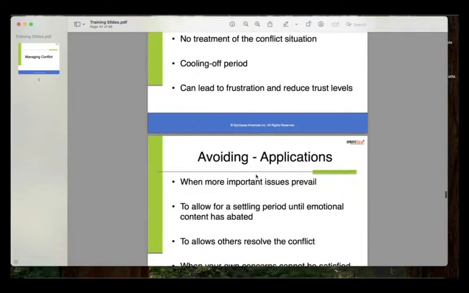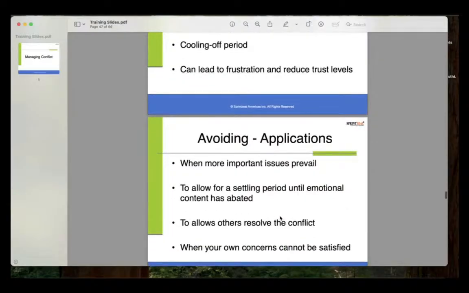Applications of the avoiding style: when more important issues prevail. It depends on the level of priority, like what is the priority of the issue. When there are more important issues, we choose this in order to avoid the less important one, which does not have much impact.